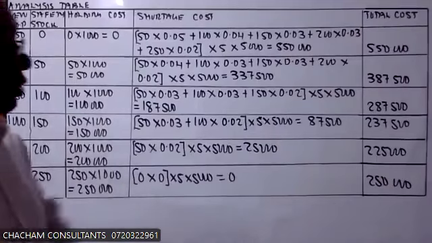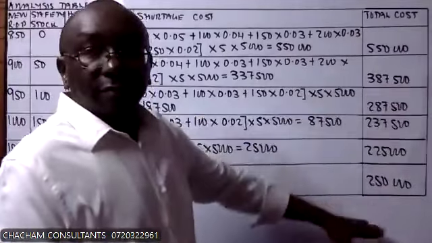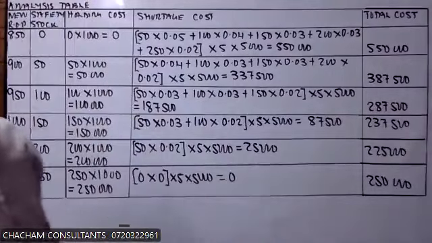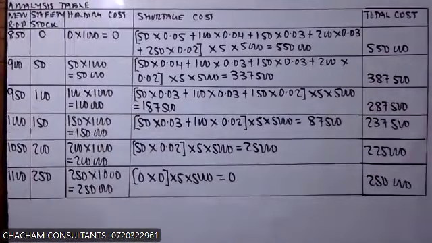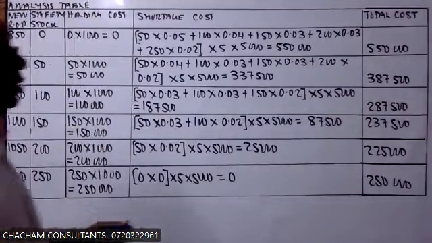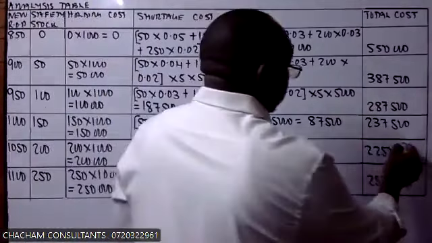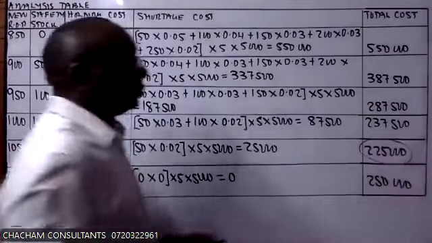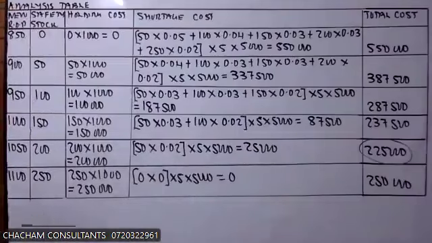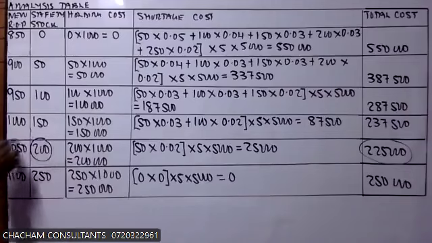The lowest cost is this one. So at that point, our safety is 200 and our new reorder point is 1050.